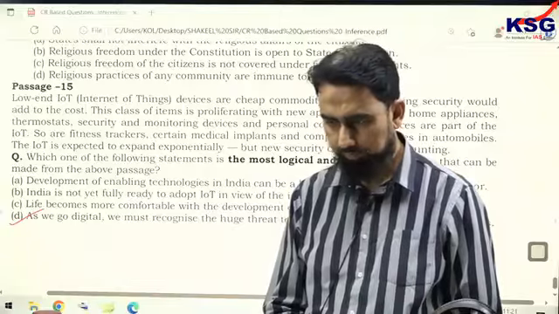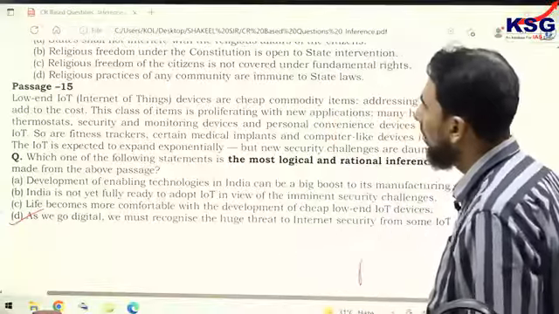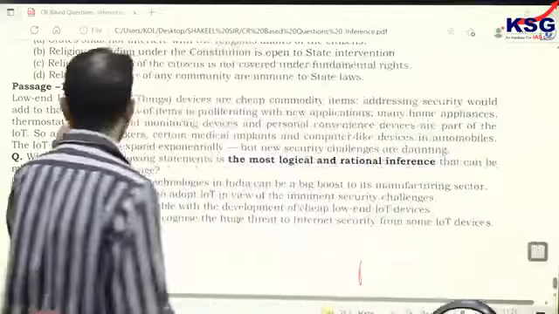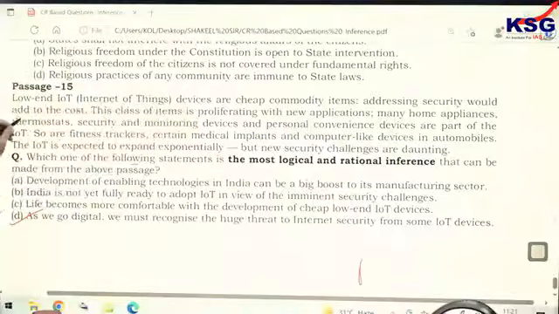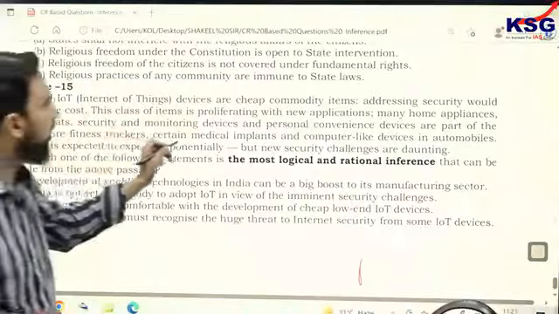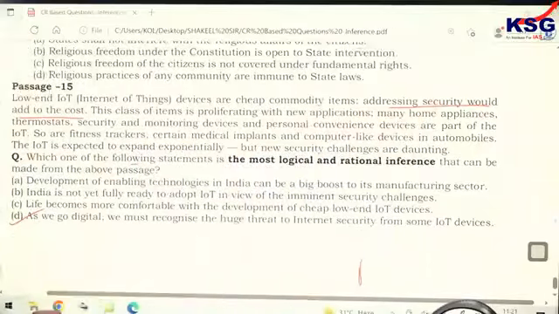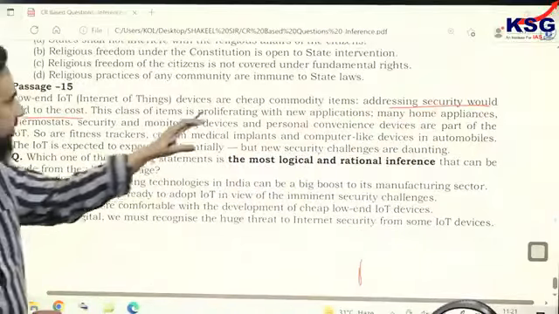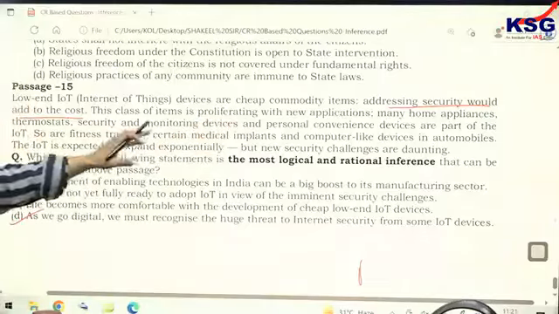Okay. So 15th, you have a doubt. You see, it talks about IoT, Internet of Things. Devices are cheap commodity items, but addressing security would add to the cost. So this class of items is proliferating with new applications, many home appliances. Then the author goes into the examples.